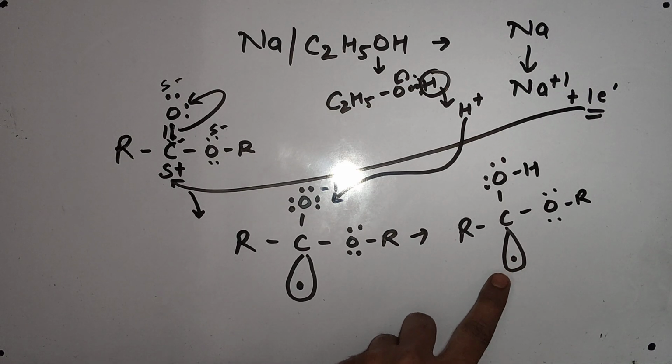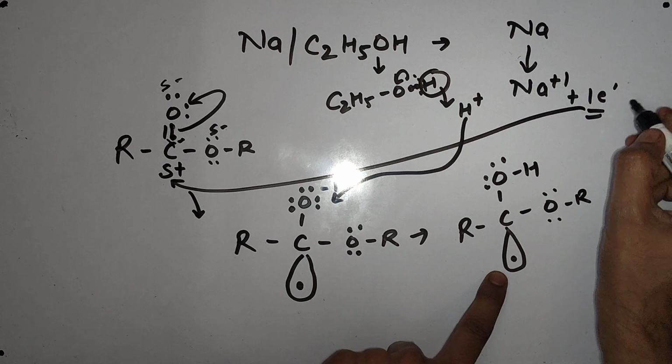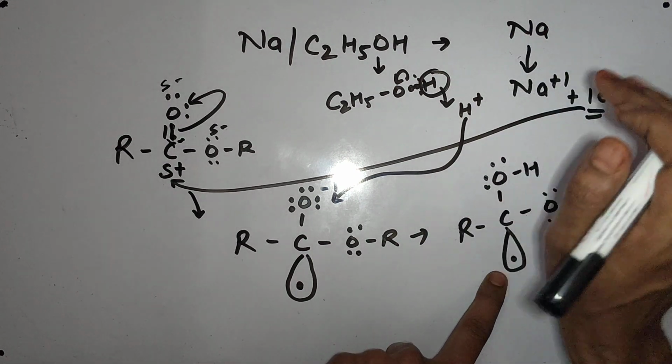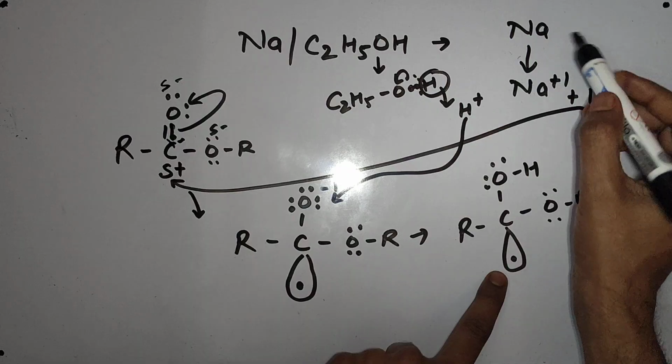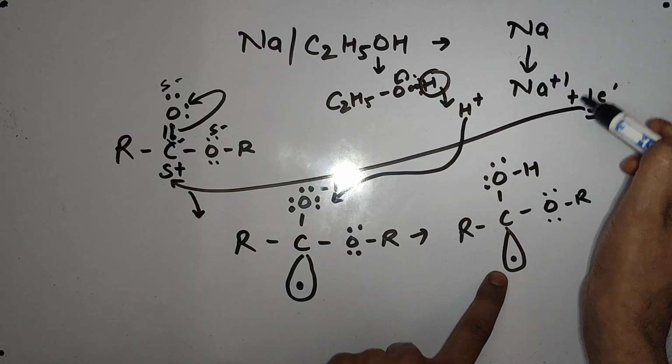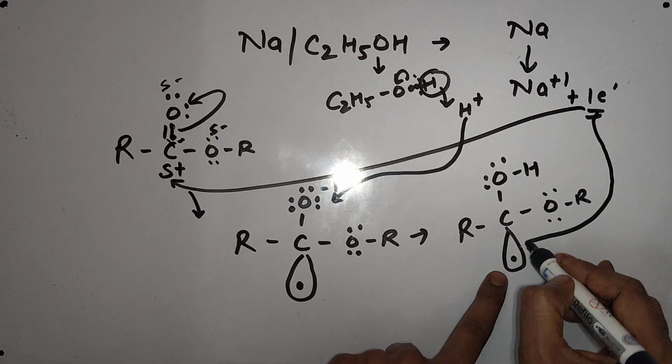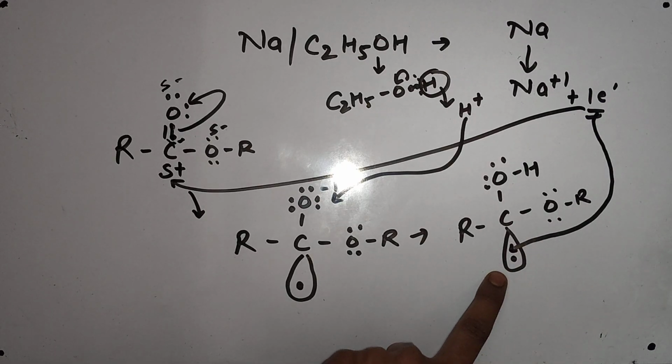Now in one orbital, a maximum of 2 electrons can be present. So another sodium atom, this is the first sodium atom I have utilized, another sodium atom will provide another electron, and that electron will enter the orbital of carbon.